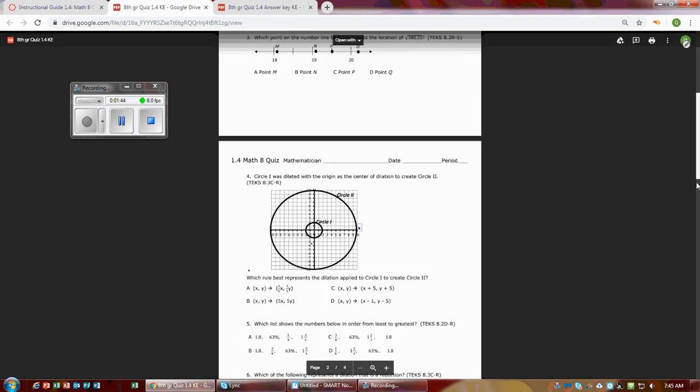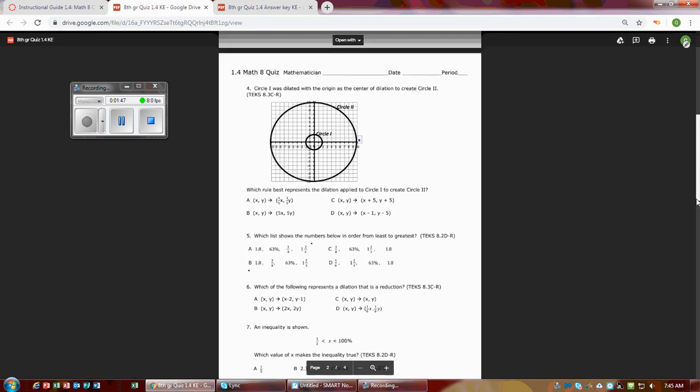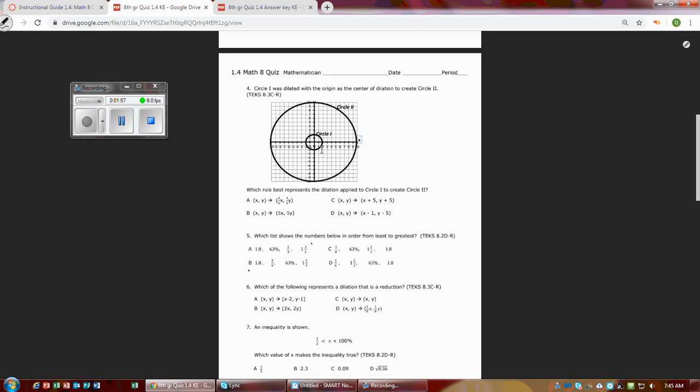Let's see, number 4. Circle 1 was dilated with the origin as center of dilation to create circle 2. So we went from circle 1 and we created circle 2. Looking at it, my circle got bigger, so therefore my scale factor has to be bigger than 1. And remember, we always multiply the scale factor.